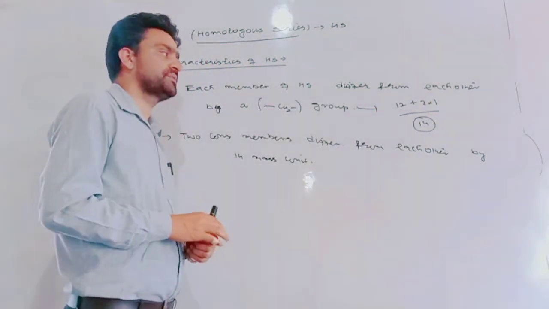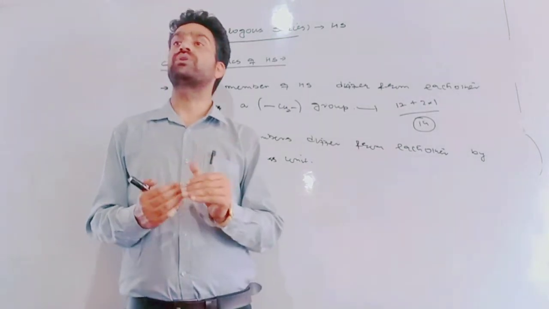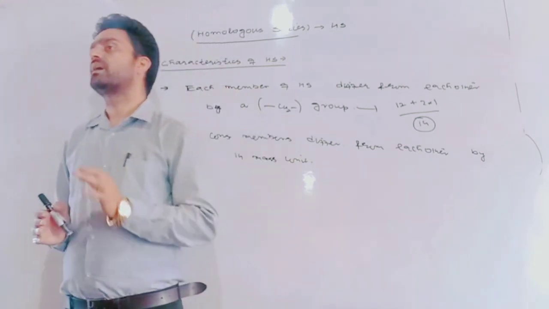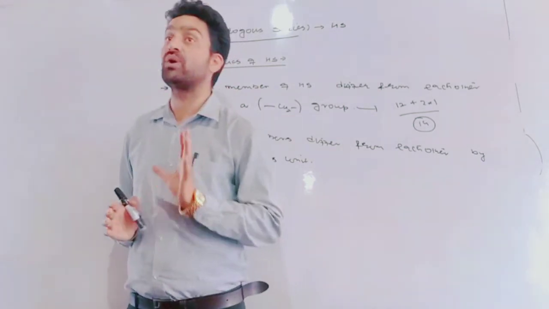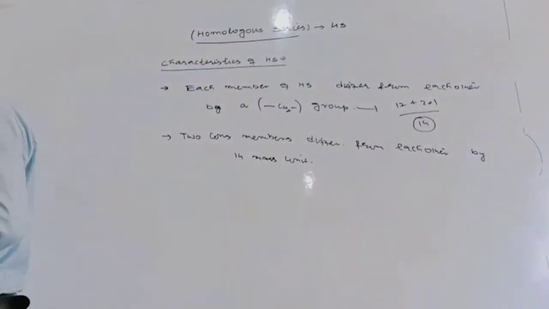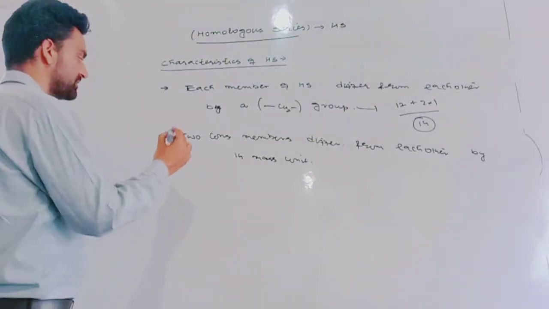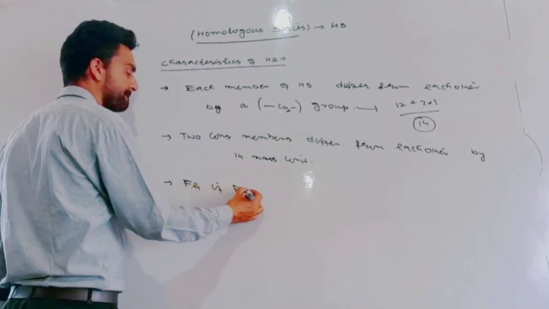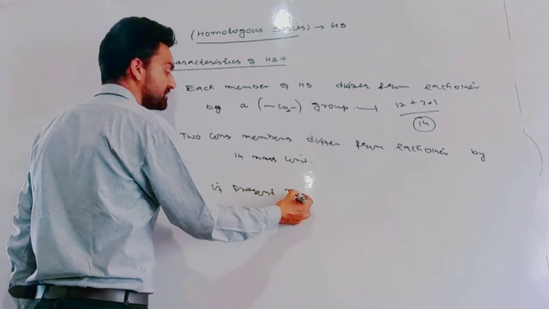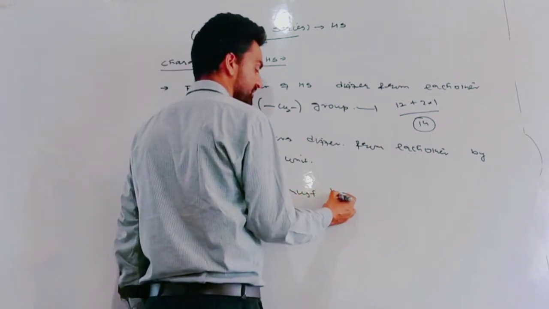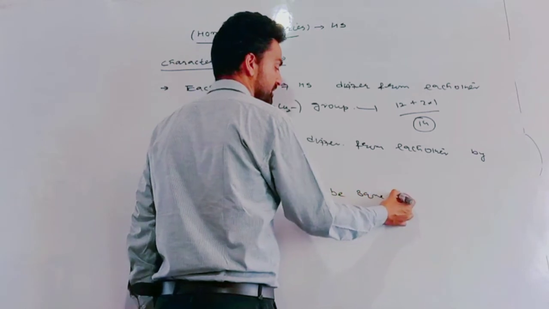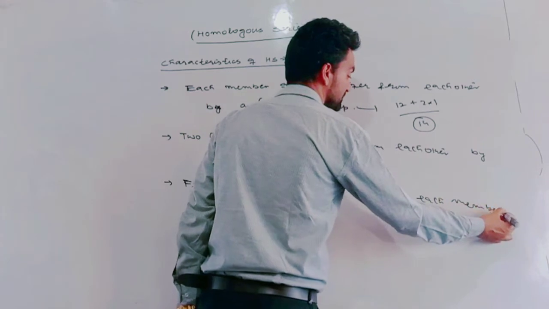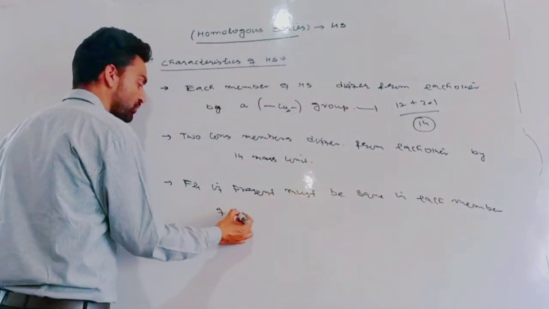What is the third point? Third point is, in case of homologous series, if the functional group is present, it must be same. अगर homologous series में functional group है, वो हर एक member में same होना चाहिए. Clear? Third point is, functional group, if present, must be same in each member of homologous series.